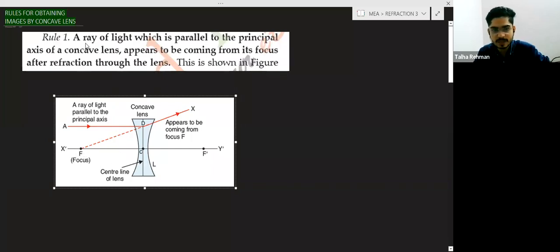So you can say that a ray of light which is parallel to the principal axis of the lens appears to be coming from its focus after refraction through the lens. Appears means not actually. This is the first rule.